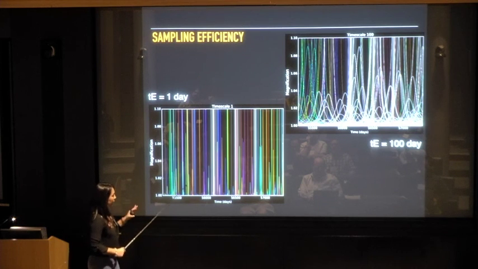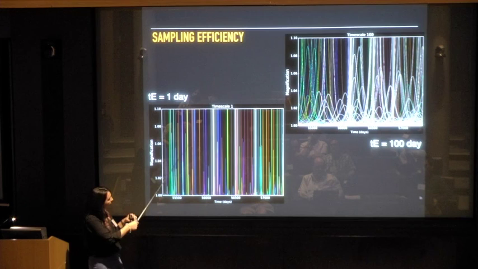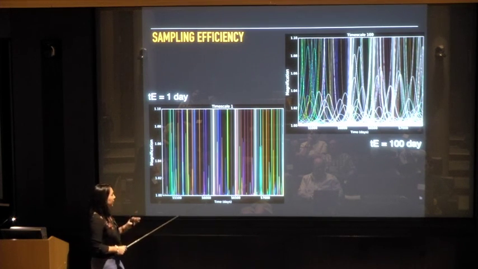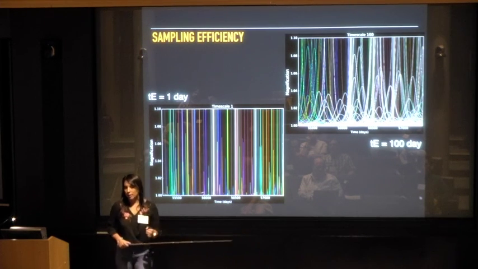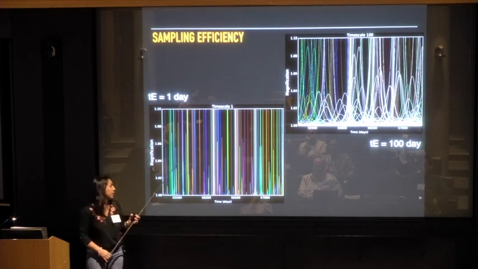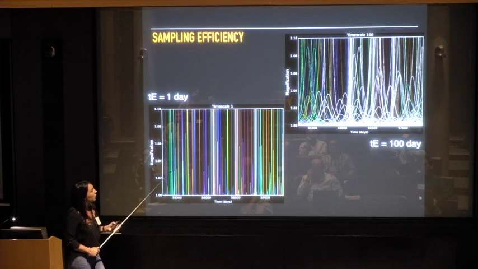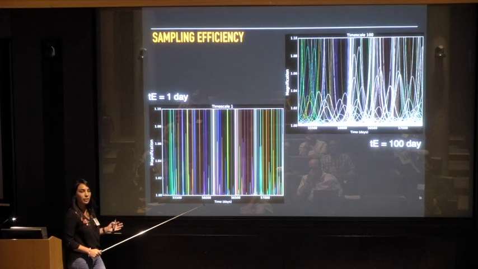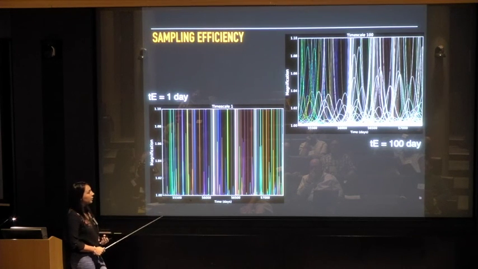To explain the plot, the white vertical lines are the VVV observations for each tile, because they are quite different, and the colors are the fake microlensing light curves. I created a huge number of light curves, and then I tried to see if my program detected them or not.